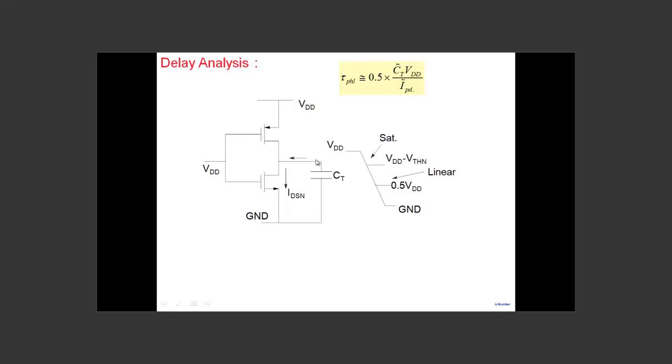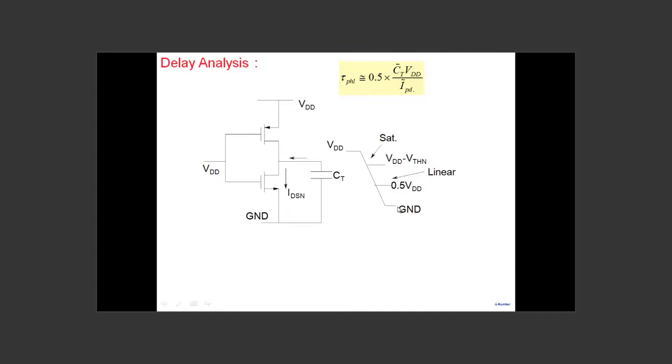This is VDD here. The transistor starts off in saturation. Now, as this voltage falls, eventually the voltage will go to VDD minus VTHN. VDD minus VTHN is nothing but the saturation voltage of this transistor. So the moment the voltage falls below the saturation voltage, the transistor enters the linear region and stays in the linear region throughout.